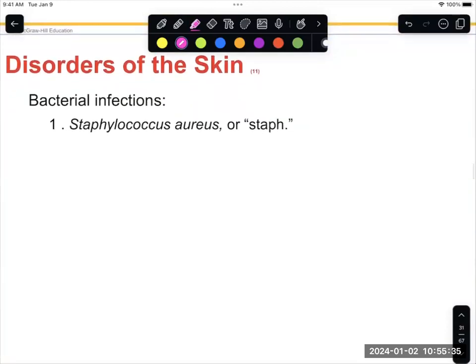A Staphylococcus aureus or staph infection is a type of bacterial infection. This can cause pimples, boils, carbuncles, and impetigo in the skin. So it gets in, invades those sebaceous glands, causing them to get infected, and that's what causes those pimples to form.